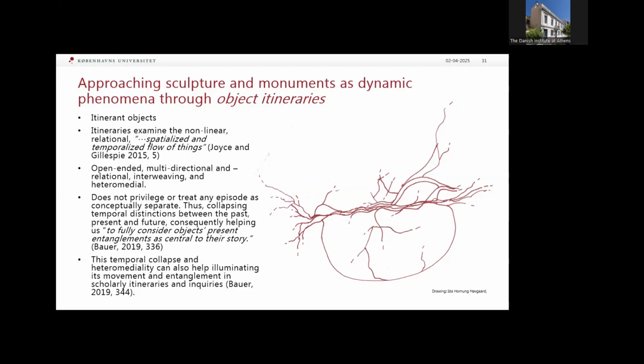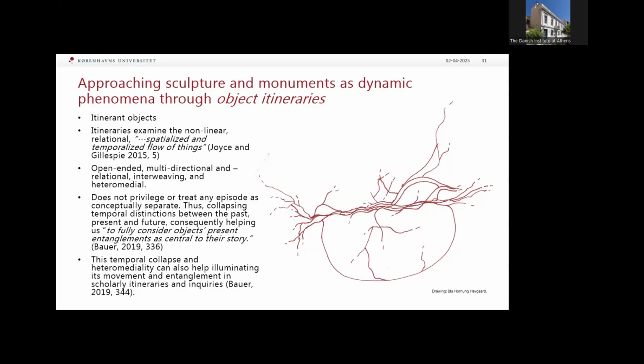And this is particularly important when we talk about monuments, as we tend to talk about episodes subsequent to their intended function as afterlives. The issue with this is that it privileges the intended function in research as well as in care, and at the same time it ascribes subsequent episodes as something beyond the norm, which I would argue is not the case.